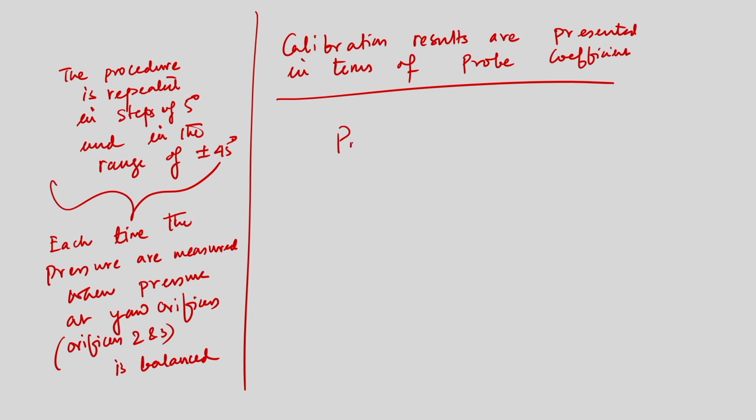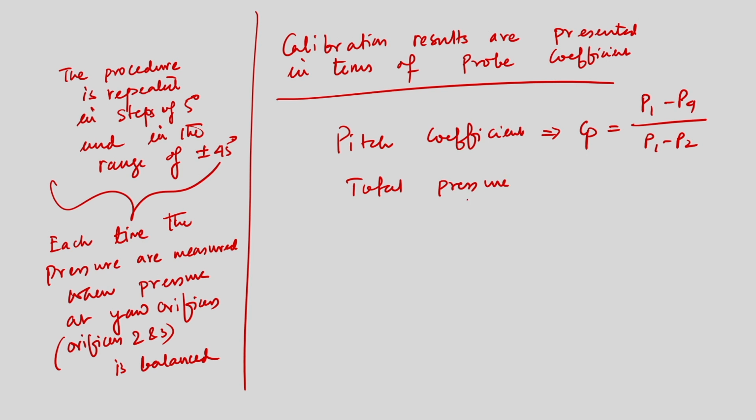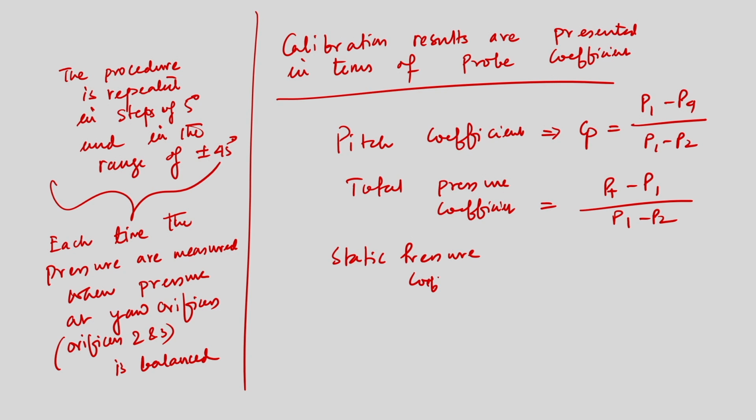That is the pitch coefficient, Cp, which is P1 minus P4 divided by P1 minus P2, total pressure coefficient equal to Pt minus P1 divided by P1 minus P2, and static pressure coefficient, that is P1 minus Ps divided by P1 minus P2.